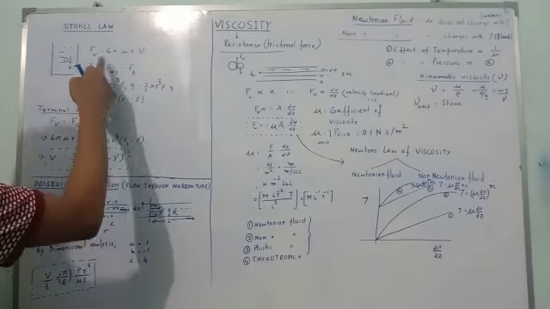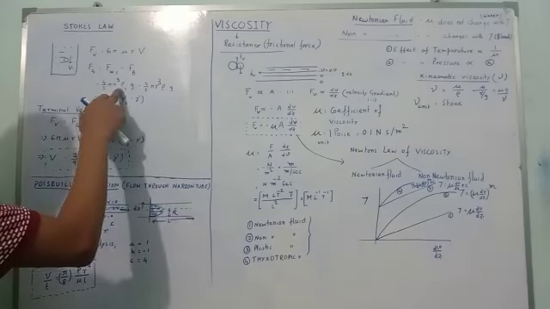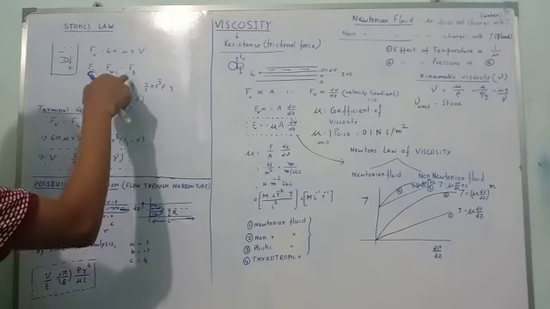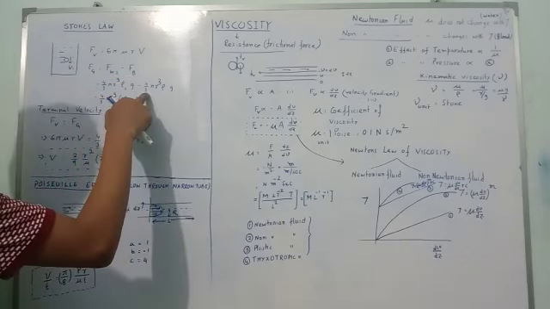So what is the weight? Weight means mass into g, acceleration due to gravity. And mass is equal to volume into density. So volume into density into g gives the weight of the ball, and the buoyancy force will be given like this.